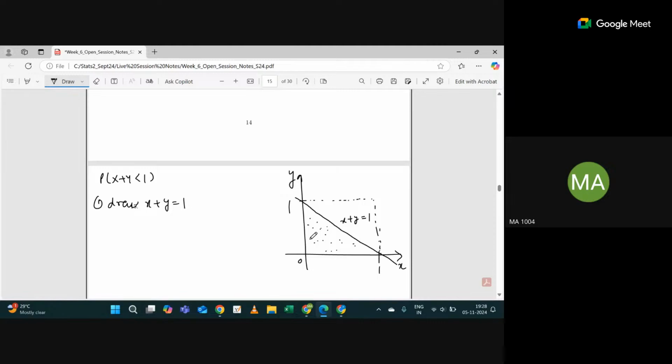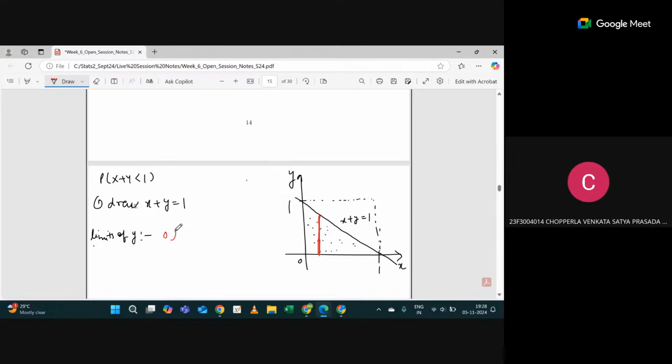Now, how to proceed? So first, let's start. Tell me what will be the limits of y. Okay, first what I have to do to find the limit of y? I have to draw a parallel strip with respect to the y-axis. Correct. So if I draw a parallel strip with respect to the y-axis, what is the limit of y?